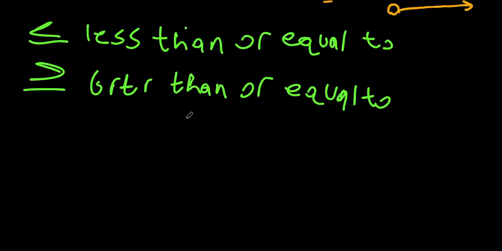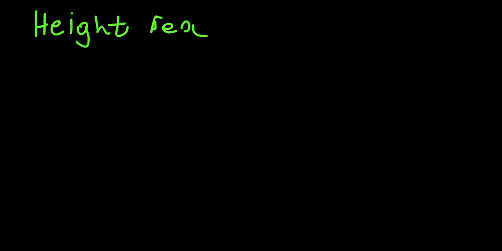And there's some real world examples of this. This is actually something that will come up more often than you may think in real life, because you'll see stuff like a height requirement. And this can be modeled.